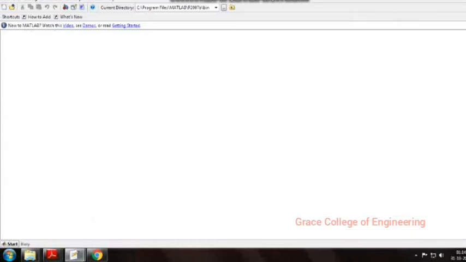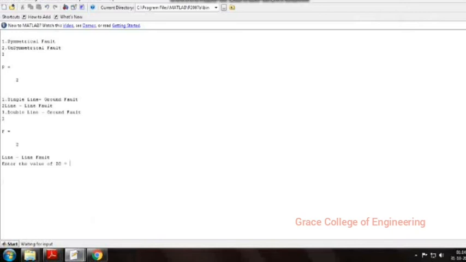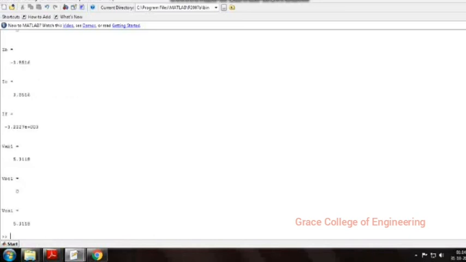Similarly, for the same program, we can get the output for unsymmetrical fault, line to line fault value. Here also, Z0 value is 0.25j, Z1 is 0.35j, Z2 is 0.1j, and we can get the different outputs.